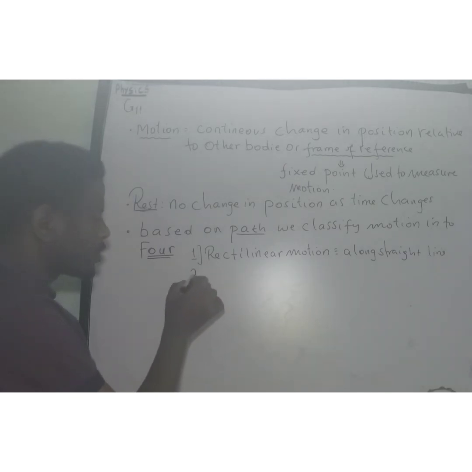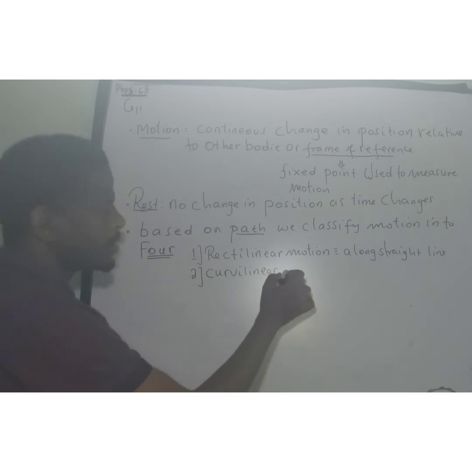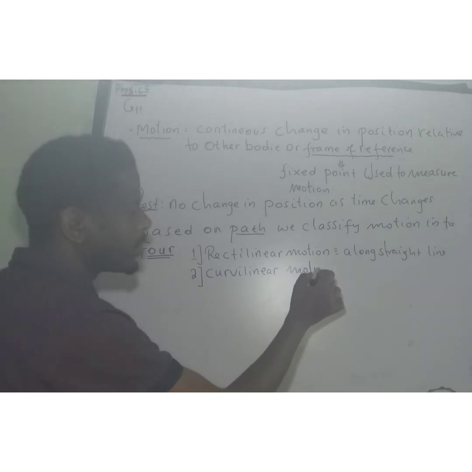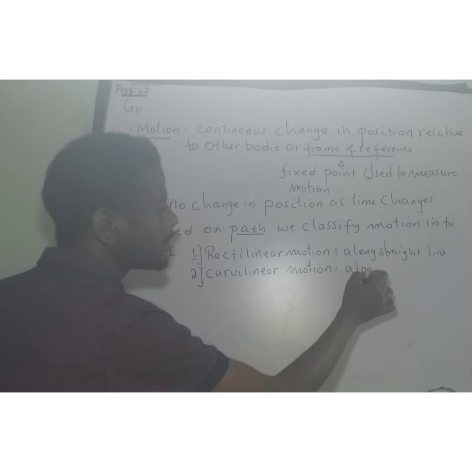The second classification of motion is curvilinear motion. It is a motion of a body along a curved path.